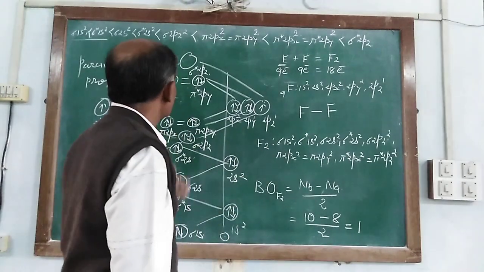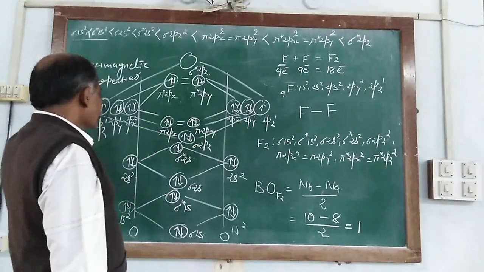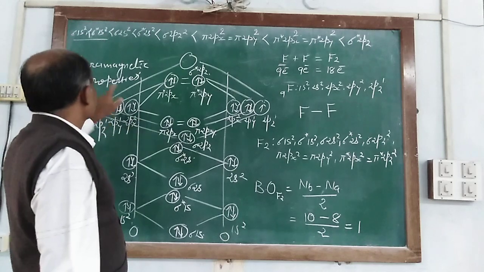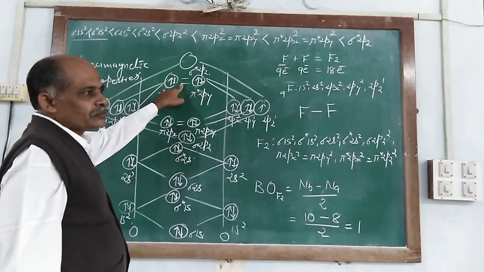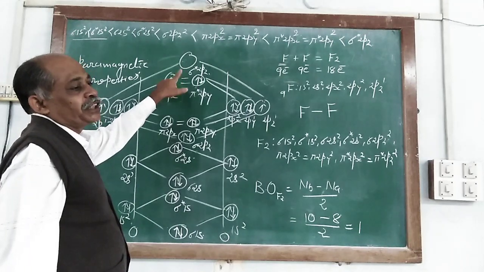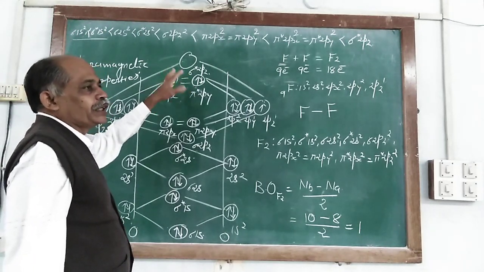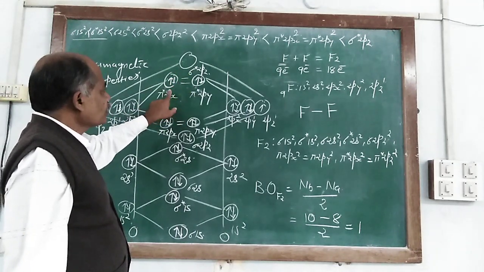Now the magnetic properties of the F2 molecule. There is no unpaired electron in the molecular orbitals.